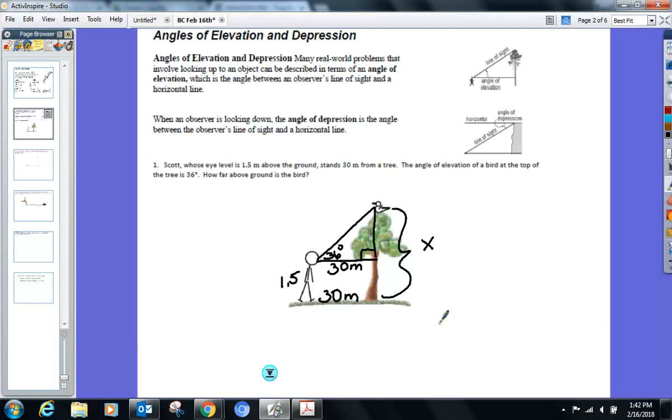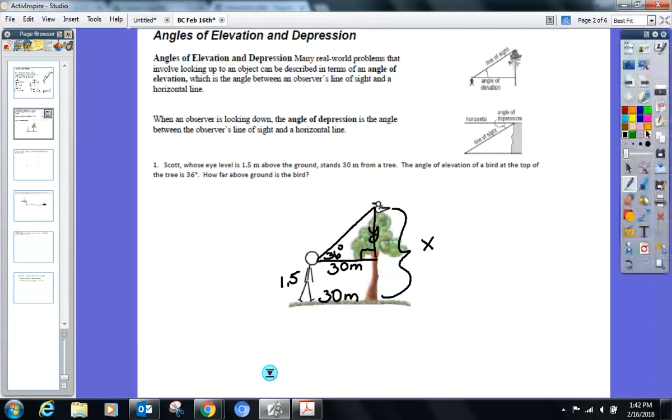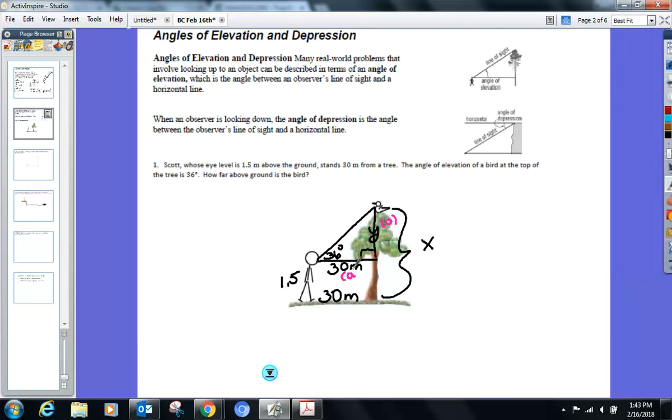No. What am I going to have to find first? I'm going to have to find the other leg, right? And then what can I do with that length to find the entire length the bird is from the ground? Add it to his eye level, 1.5. All right, so how can I find that leg then? This side is my opposite, and this side is my adjacent.